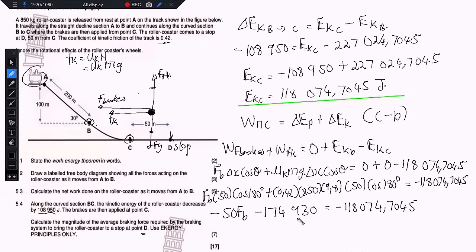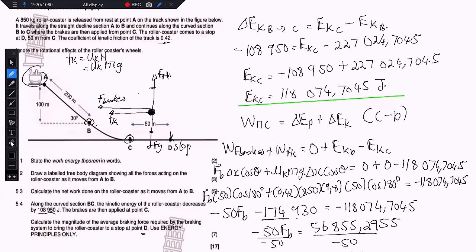Then we can take this value here and transpose it over to the other side. Negative 50 Fb is equal to positive 56,855.2955. And then divide both sides by negative 50.